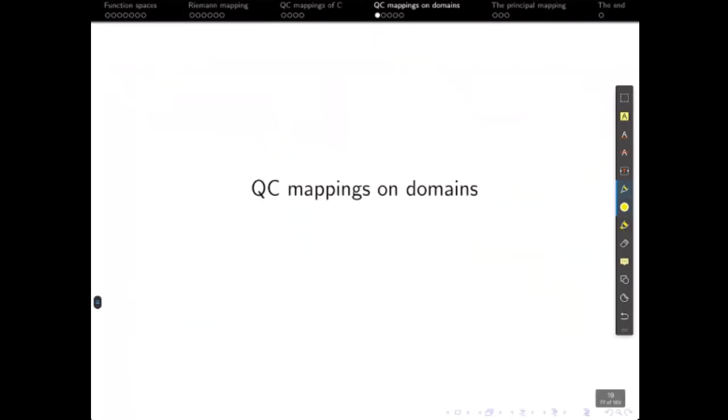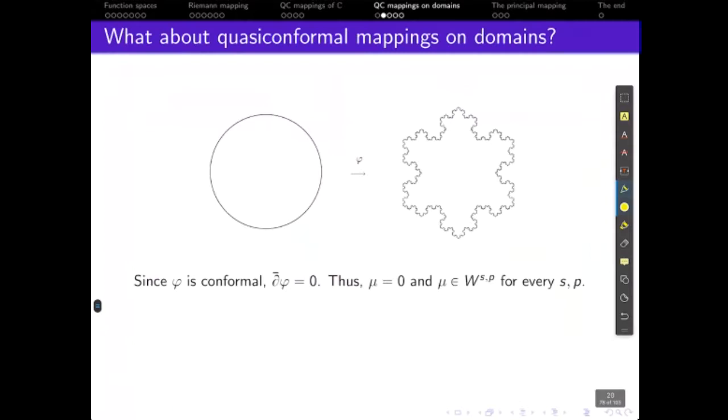So let's move to quasiconformal mappings on domains. Now, what happens here? Consider again the same Riemann mapping as before. So we have the unit disk, you have the von Koch snowflake, and phi is the Riemann mapping. Now, since phi is conformal, delta bar of phi is 0.